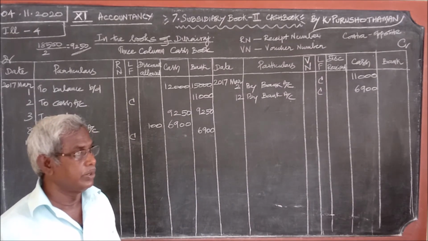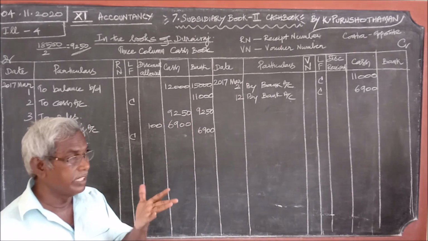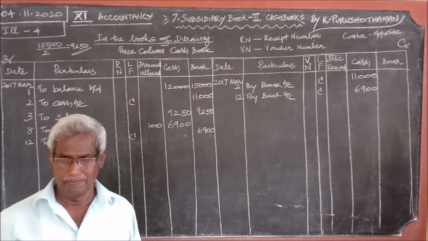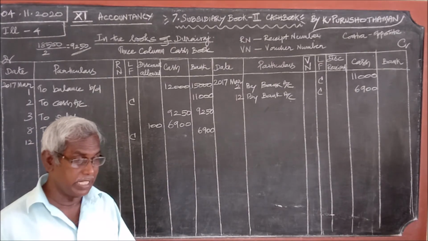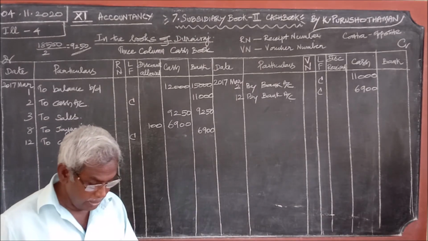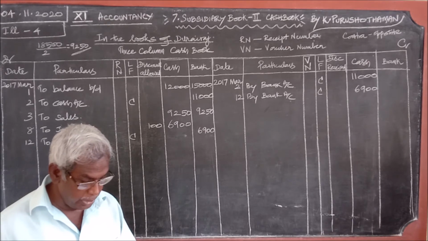When a check is issued, the amount will go out of the bank. In single and double column there is no provision for it, no column for it. But in three column, there is a column for bank. So what we must do: bought goods from Iqbal and issued a check.